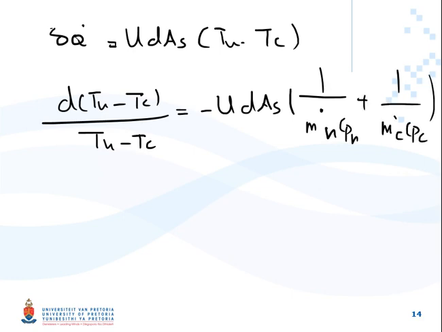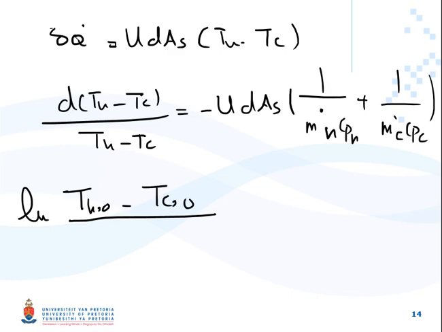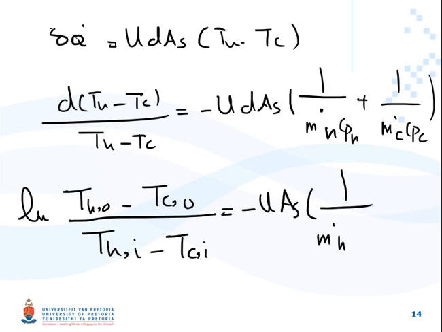Integrating from the inlet to the outlet, we will have T_h outlet minus T_c outlet over T_h inlet minus T_c inlet equal to minus UA_s times (1/(m dot h C_ph) plus 1/(m dot c C_pc)).